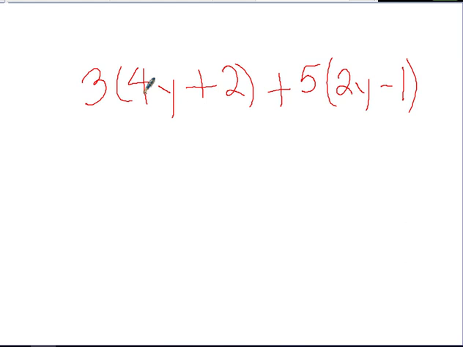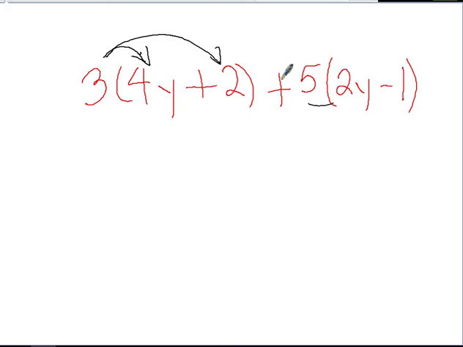So since this 3 is attached to the parentheses, I'm just going to draw my arrows from 3 to 4y and from 3 to 2. I don't extend it over to these terms because these terms are not inside the parentheses here. I'm only attaching the 3 to the terms inside the parentheses that the 3 is directly attached to.